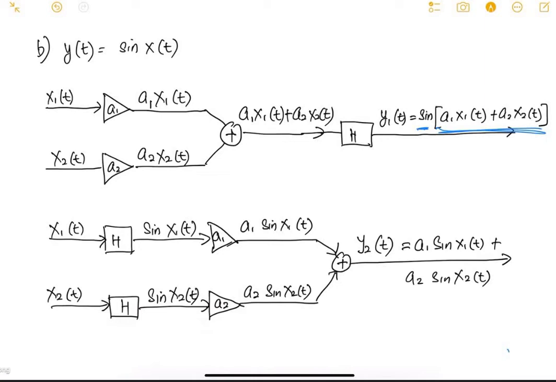But in this one, the sine is only for sin x1(t). So it is not the same. Therefore, y1(t) is not the same as y2(t), so this is non-linear.